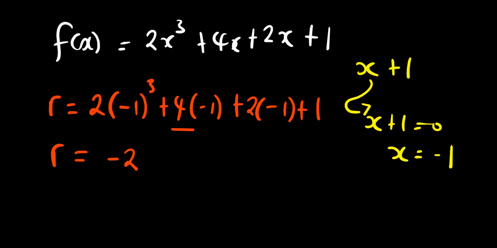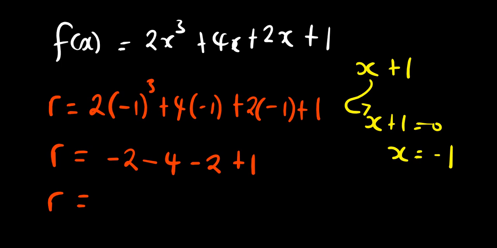Then 4 multiplied by negative 1 gives us negative 4. Then positive 2 multiplied by negative 1 gives us negative 2, plus 1.